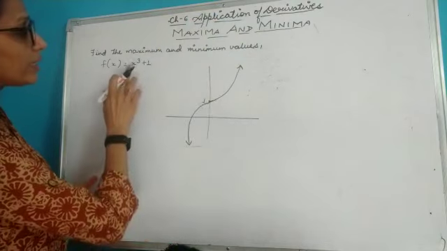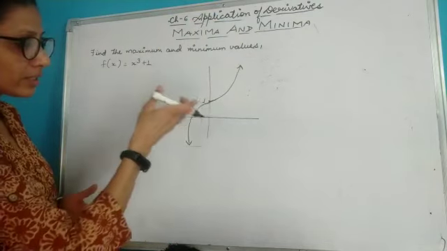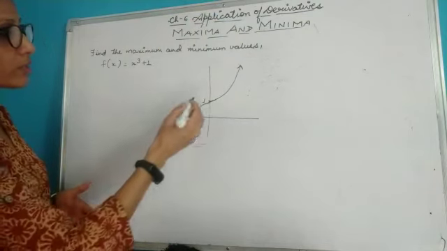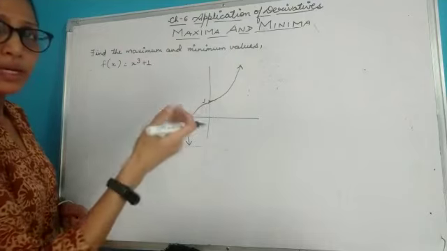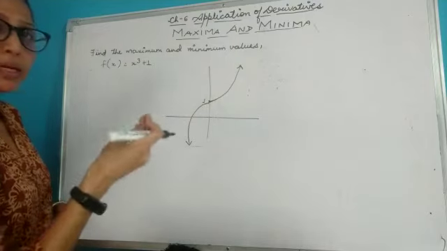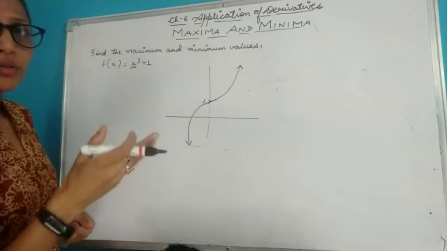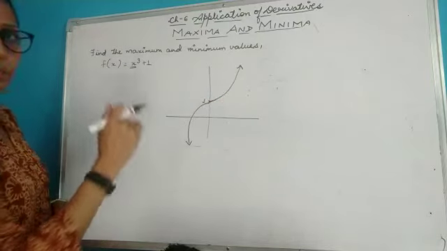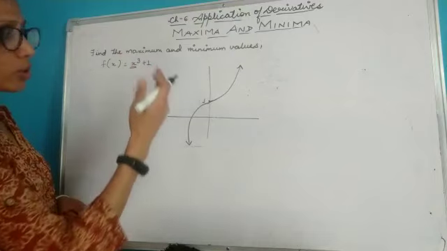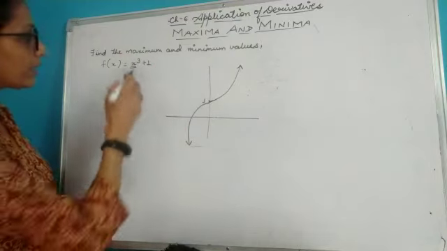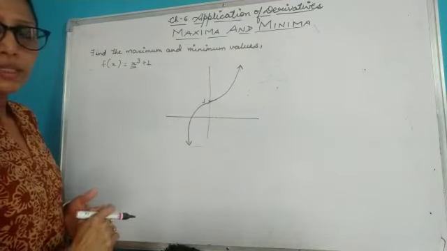If I put the least value over here, I will be getting the minimum value. That means I can get the minimum value as I put the value of x minimum. And if I want to make it bigger and bigger, then I can put the value of x bigger and bigger.